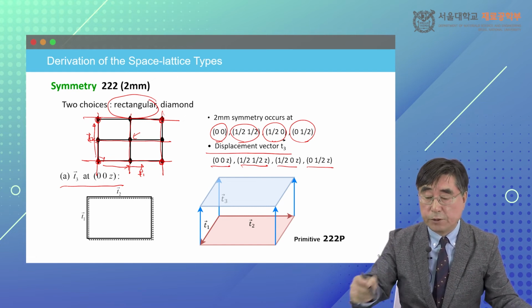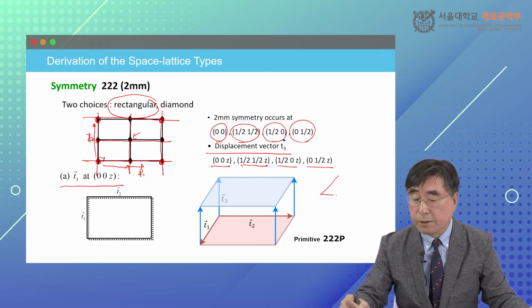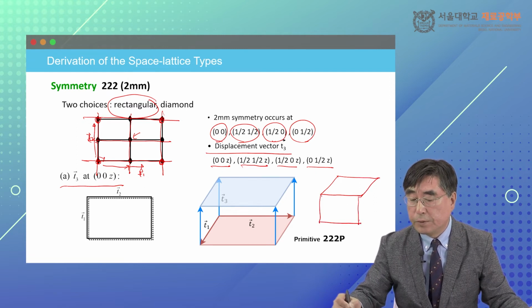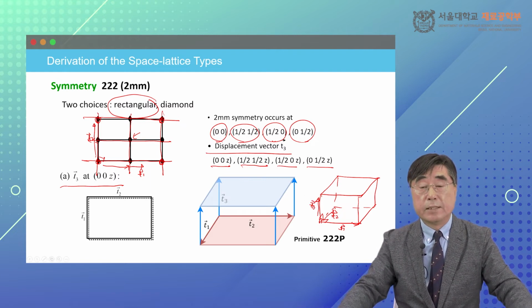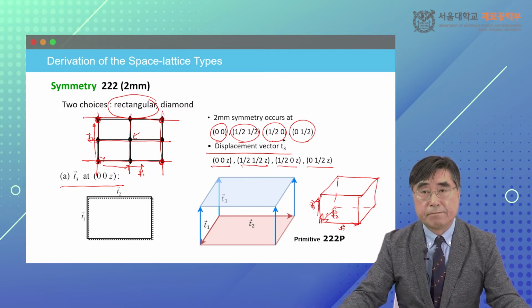So I can define the unit cell like this. The unit cell starts from the rectangle, and we put it on top of that. So the unit cell is defined like this. Now all these angles are perpendicular to each other. The T1 vector, T2 vector, and T3 vector can have any arbitrary magnitudes, but all the angles are now 90 degrees.